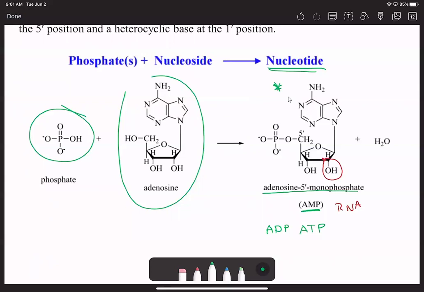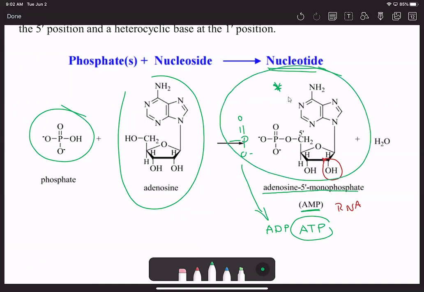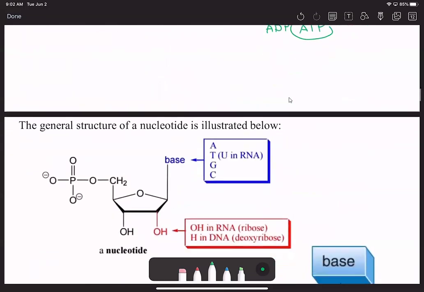ADP would mean that I have another phosphate group attached there, and that would be ADP. And then ATP would have yet another phosphate group. So the difference in the number of phosphate groups makes up our difference between AMP, ADP, and ATP. They're all the same structure, except we have a different number of phosphate groups on there. But again, you're not tested on that, just kind of food for thought.